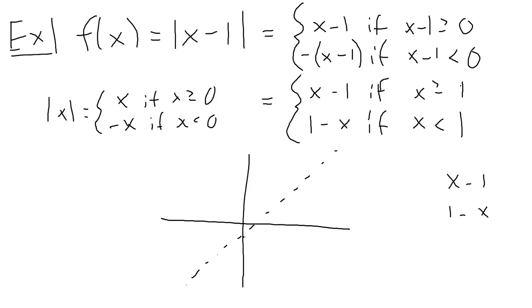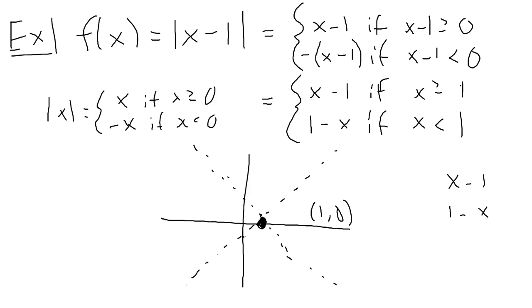And then 1 minus x has a slope of -1 and a y-intercept of 1, so it's going to look something like this. I didn't draw it perfectly, but these two lines intersect right there at the point (1, 0).